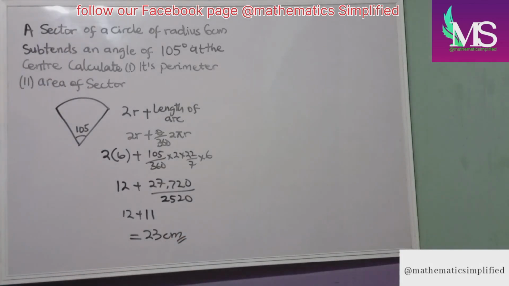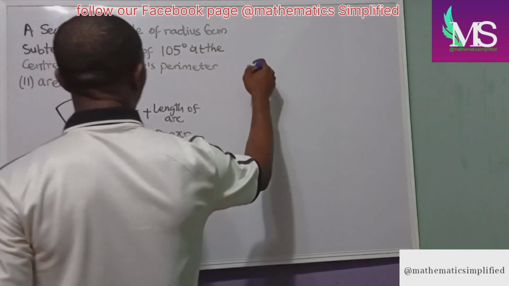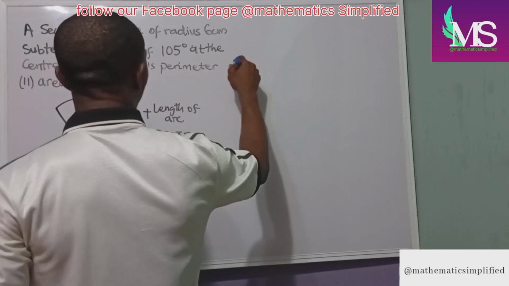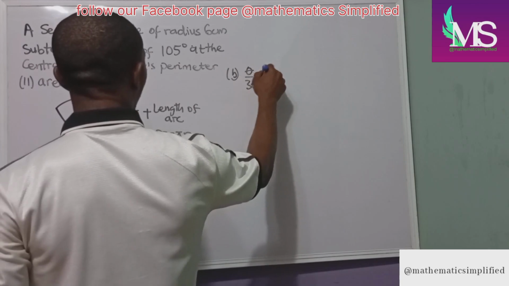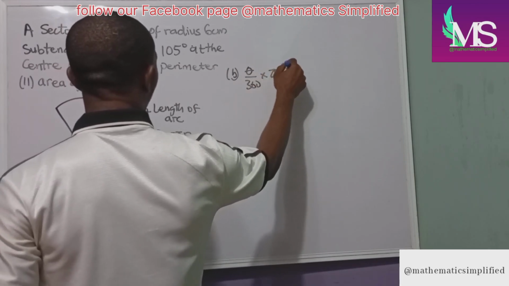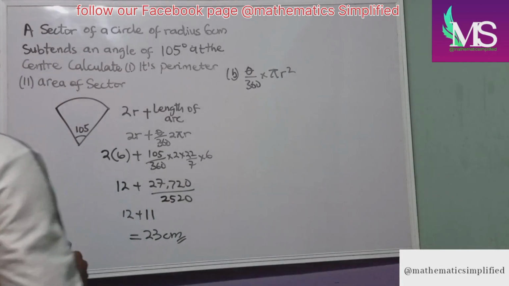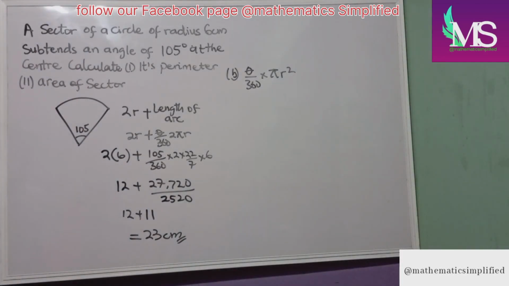That's our perimeter. Now for the second one, it says calculate the area of sector. Area of sector, we know it as theta over 360 times r squared. Now that's our formula for area of sector.